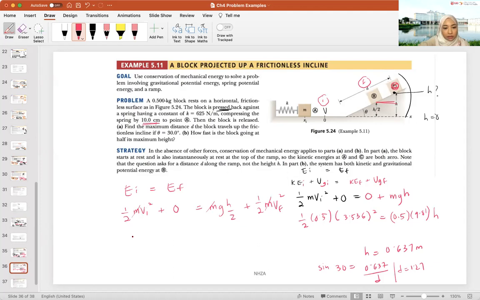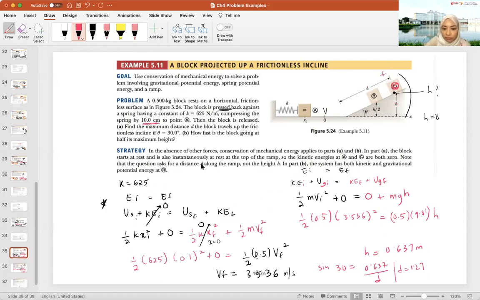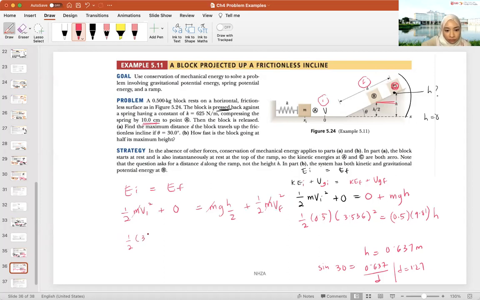We have v_i, we have h, we don't know what is v final, so it should be easy. 1/2 v_i, what was our v_i, 3.536, squared equals 9.81 times our H, which is 0.637, divided by 2, plus 1/2 v final squared.